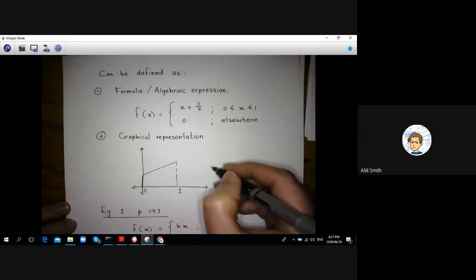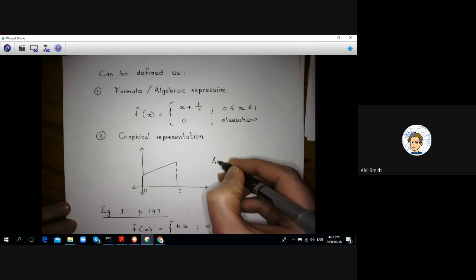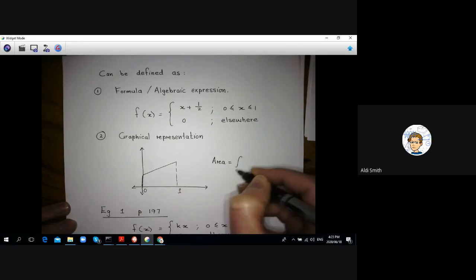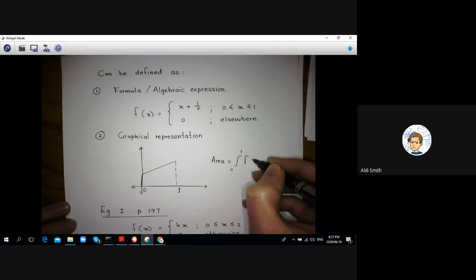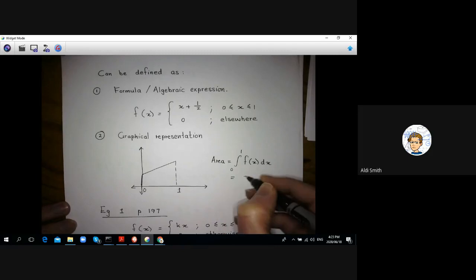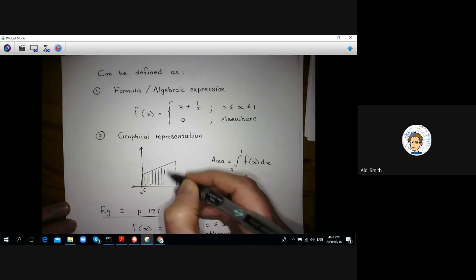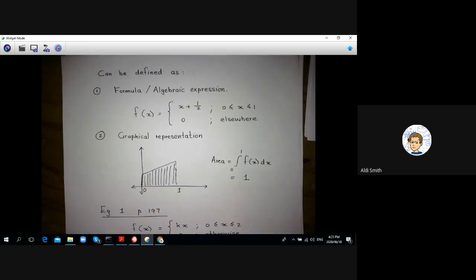If you look at the area underneath that curve from 0 to 1, that must be equal to 1. Because just like with your probability mass functions, where we said the sum of all your probabilities must add up to 1, in this case, the total area underneath the curve must add up to 1.